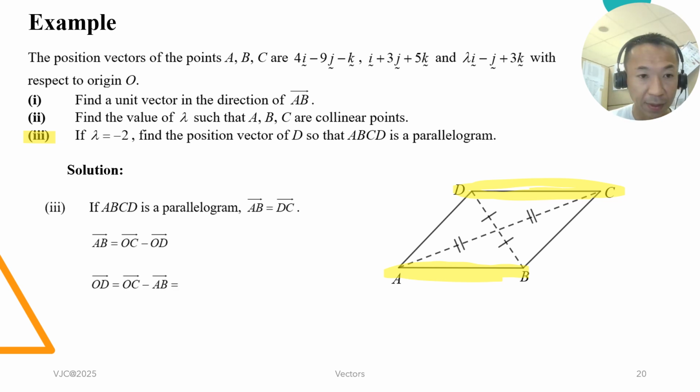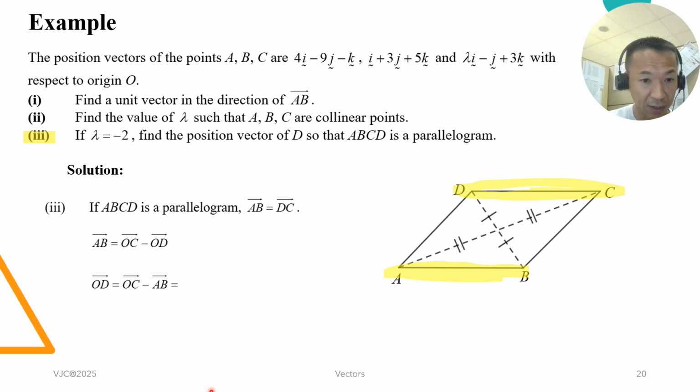DC is actually OC minus OD. Now rearranging this, you can make OD the subject: OD is actually OC minus AB.